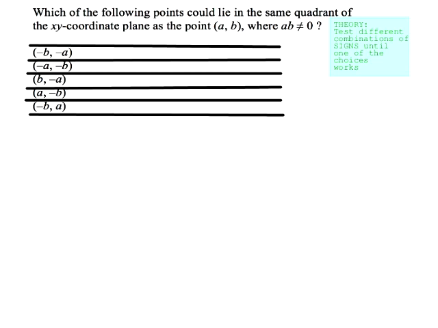It just makes sense. So if A is positive and B is also positive, then the goal would be to have it in the same quadrant as that. The goal would be to have it in the quadrant where everybody is positive.